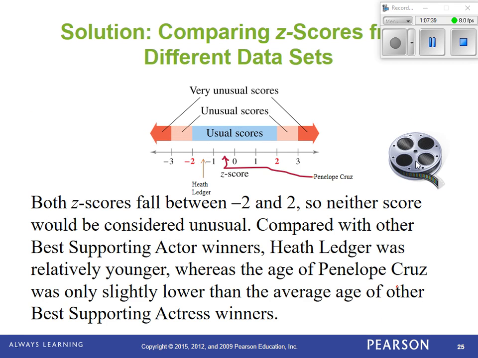Looking at this, Heath fell right in here somewhere. Penelope fell right in here somewhere. So which one was more unusual? Heath, because he was farther away from the mean.